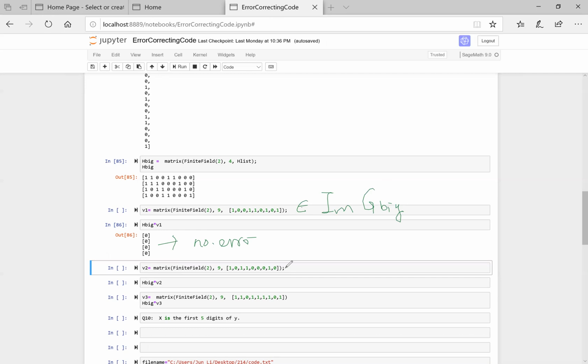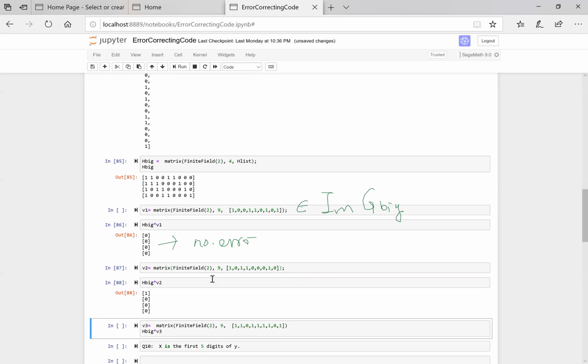On the contrary, if we have a second vector like this and I multiply it by H big, we get some vector that's not 0, right? That means this vector does not live in the kernel of H. Remember, the kernel of H is the image of G big, so it doesn't live in the image of G. Similarly, you can do V3.